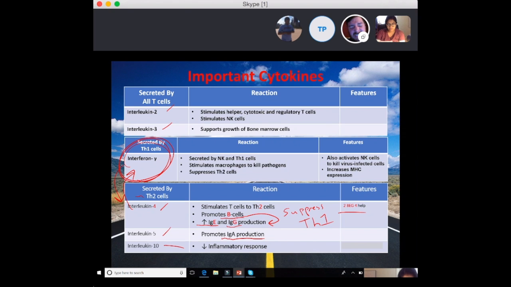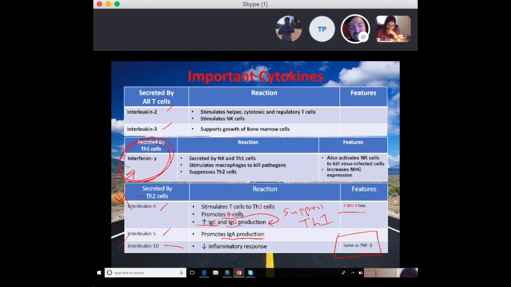Does anybody remember what's the other depressor of the inflammatory response? TGF-beta. TGF-beta and interleukin 10 are the ones that mediate the depression of the inflammatory response.